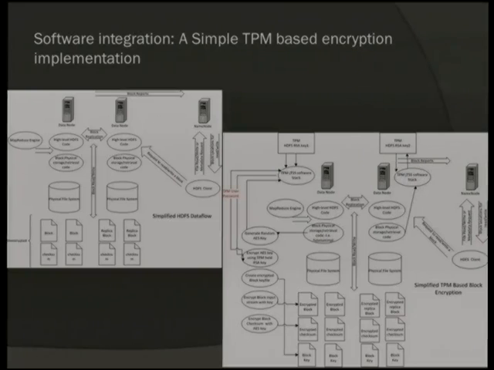Then we encrypt the block with that AES key, and we encrypt the AES key using a key stored in the TPM. We can use the storage root key or some other key, and that is saved as a separate file that goes along with the other data. If that file is requested to be read, the same thing happens in reverse. You decrypt the block key, then you decrypt the block, and you pass it back up the chain.